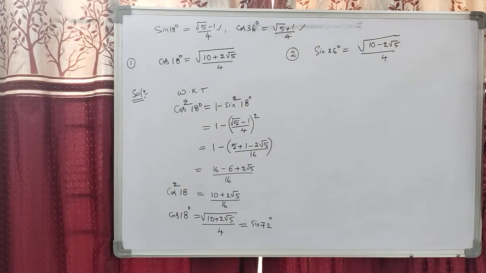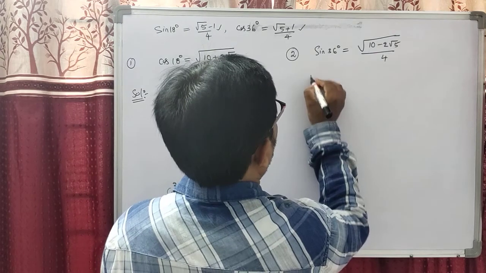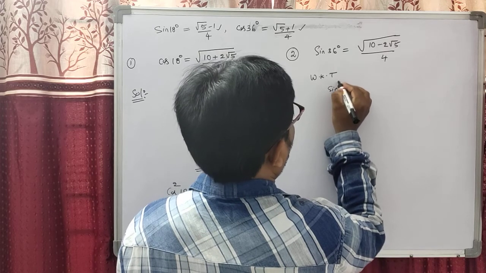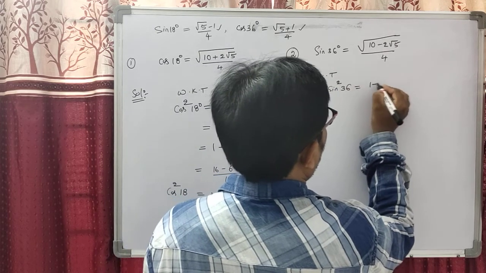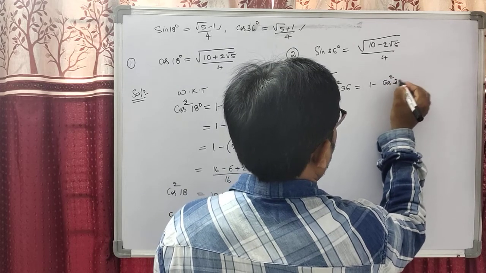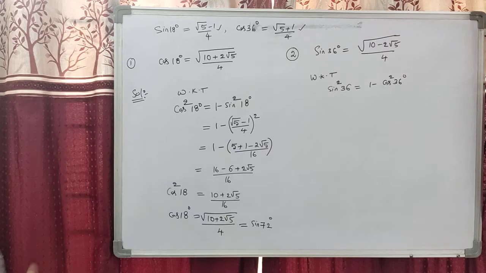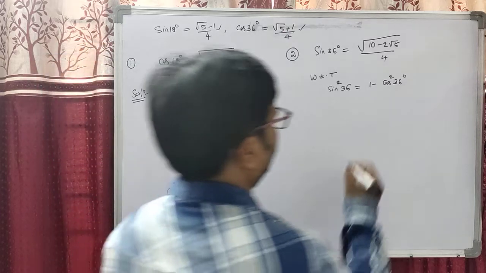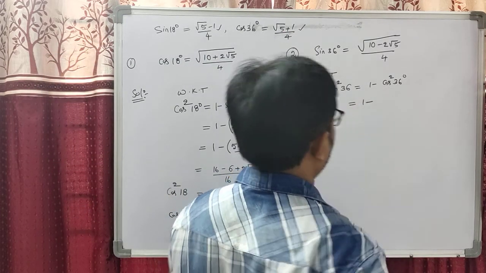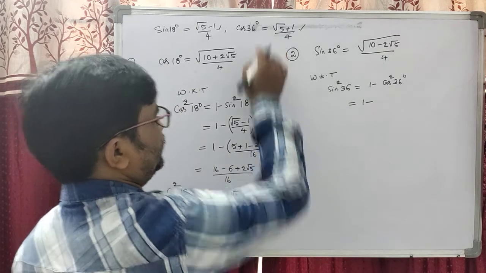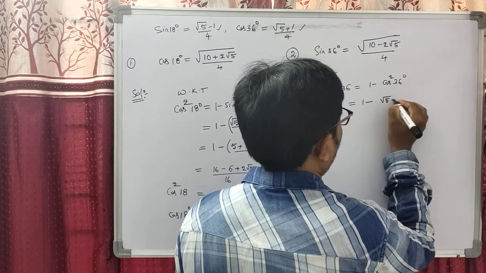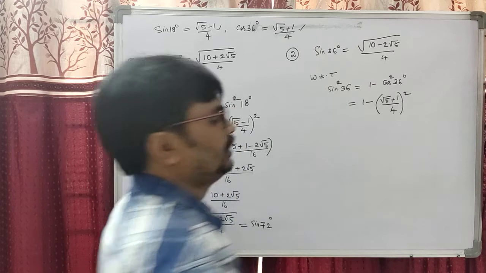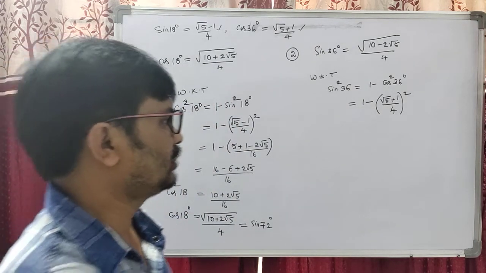My dear students, we have to know that sin square 36 equals 1 minus cos square 36 degrees, that equals 1 minus ((root 5 plus 1) by 4) whole square.